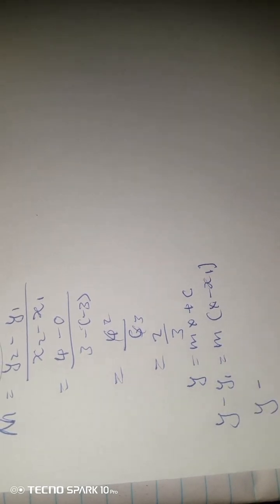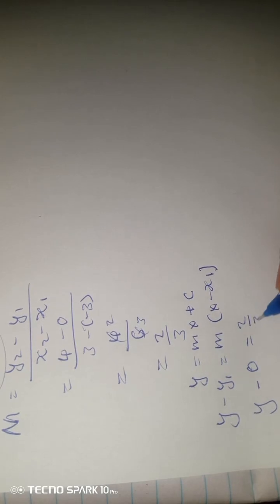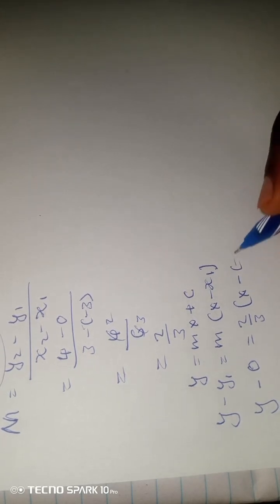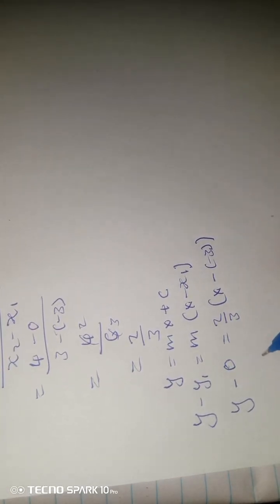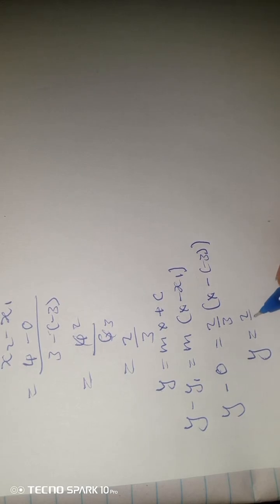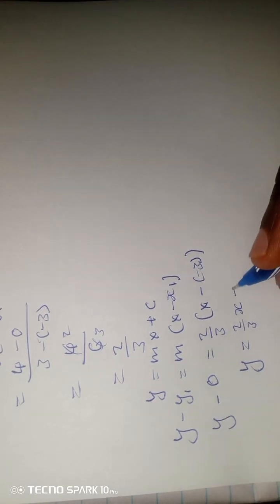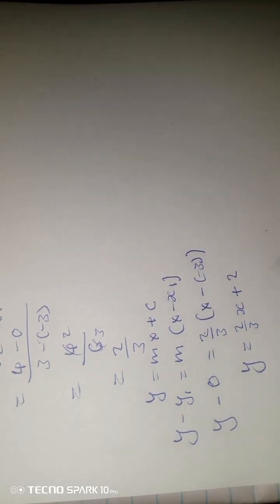So from here to be y minus my y1 there, it's 0, equals to the gradient, it's 2 over 3. Then here you have x minus -3 here like this. So y minus 0 here to be just y equals to, you multiply, so here to be 2 over 3 x, here to be positive, so to be plus, so 2 over 3 times 3 there to give me just 2.